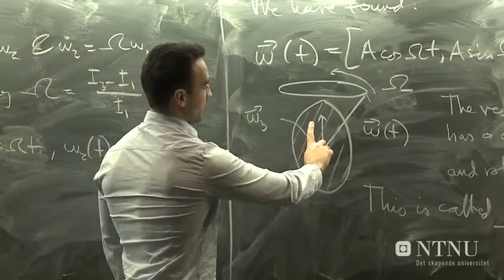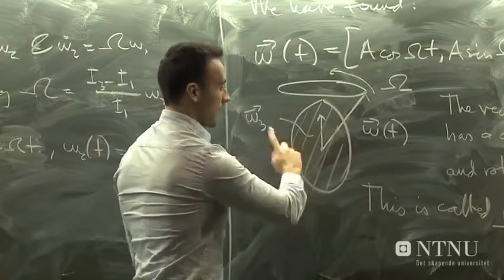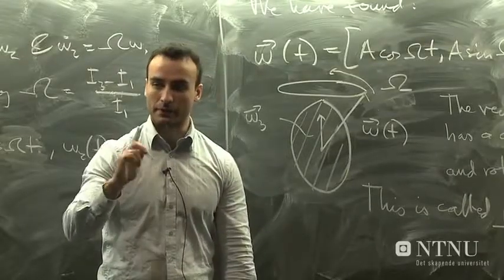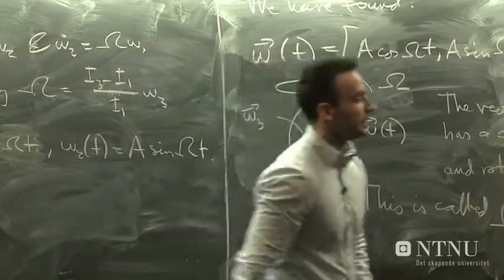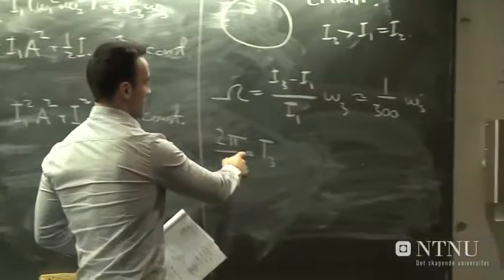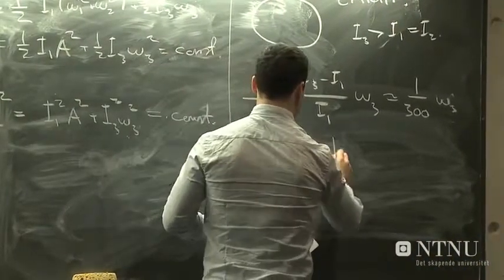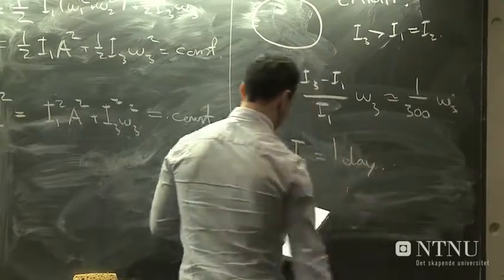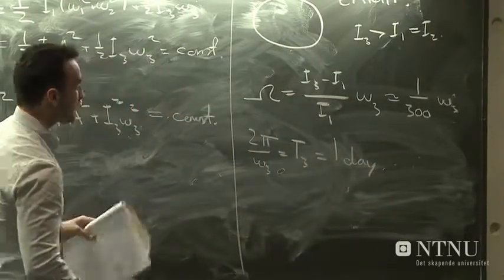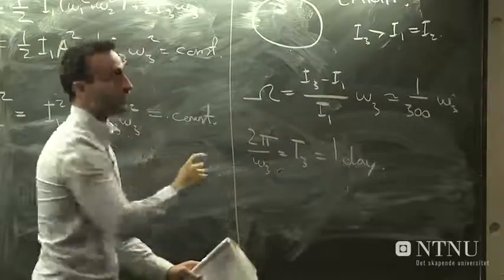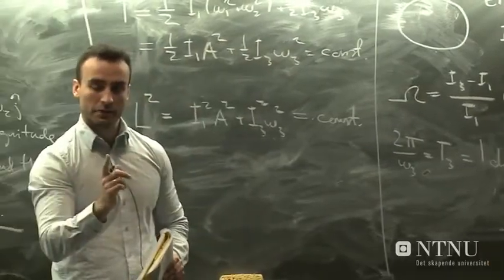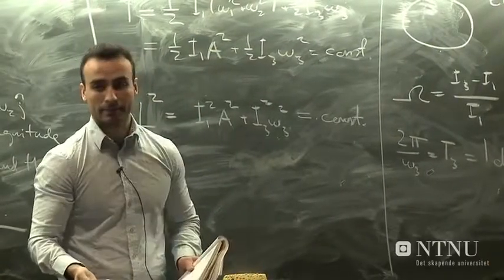Because omega 3 represents the rotation around the third axis, and as we know, the Earth spins around its own axis in 1 day. So T3 here, which is equal to 2 pi over omega 3, is 1 day. Which means that the period of precession should be about 300 days.